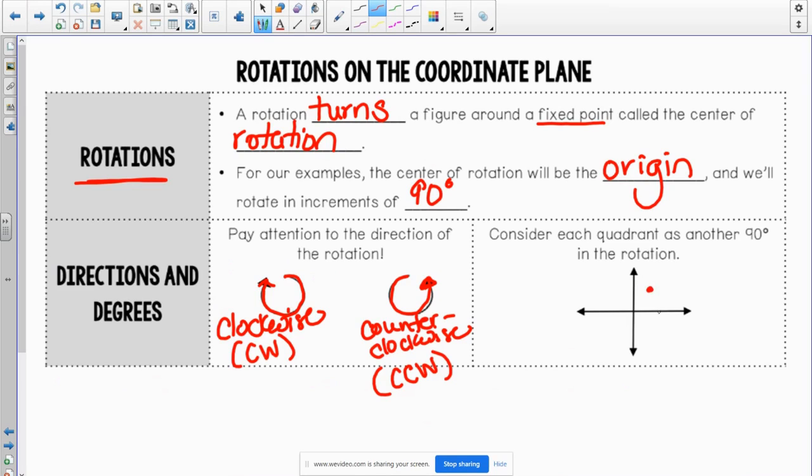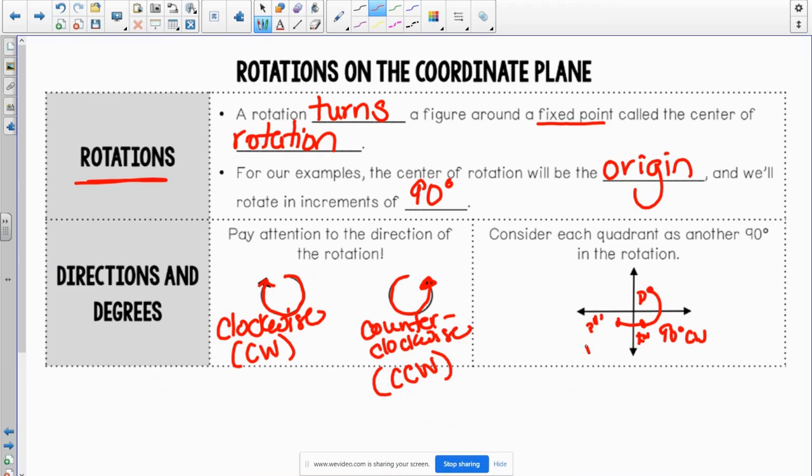So increments. If this is point P, we'll say point P, and we rotate point P down here. So we're going to call it P prime. From here to here is 90 degrees clockwise. And then if we put P double prime, because we're going to do it twice, we're going to rotate it from here to here.